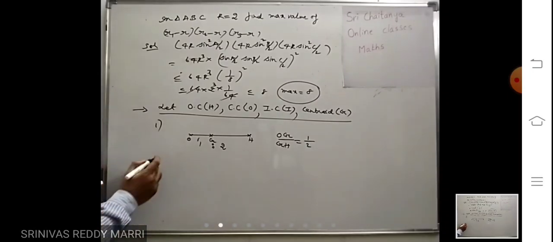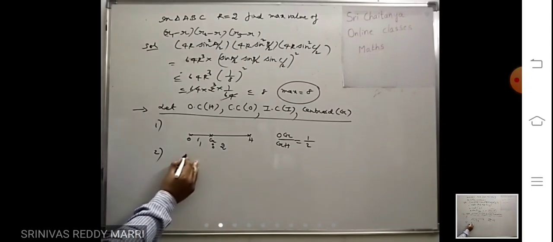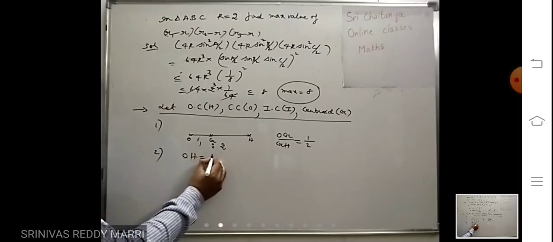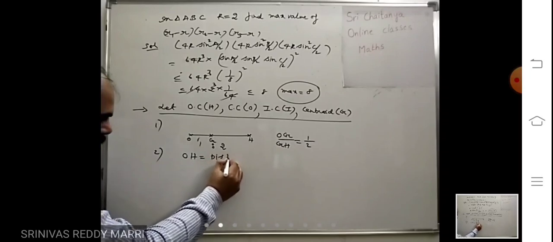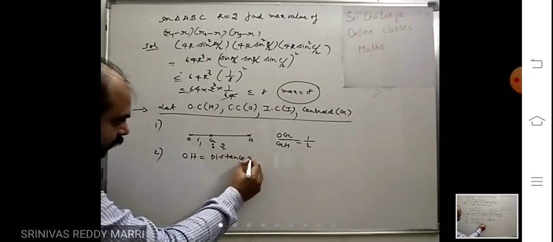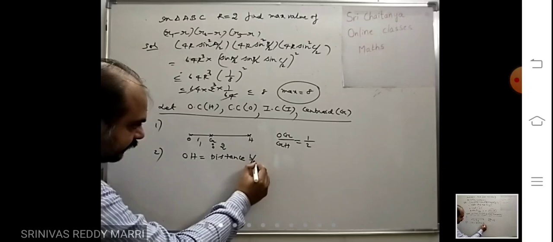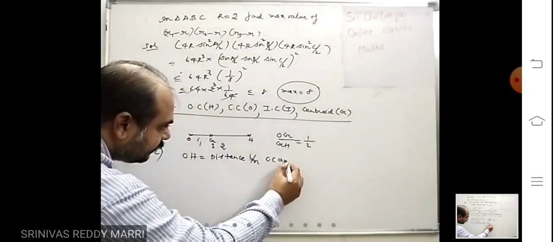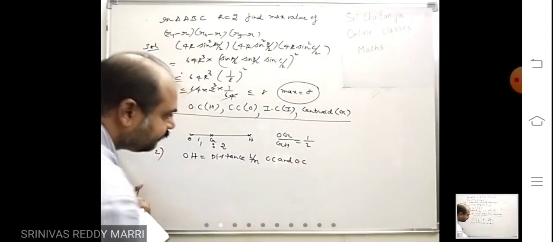Look at the next point, the second point. I will tell the proof of one formula. OH means the distance between circumcenter and orthocenter.